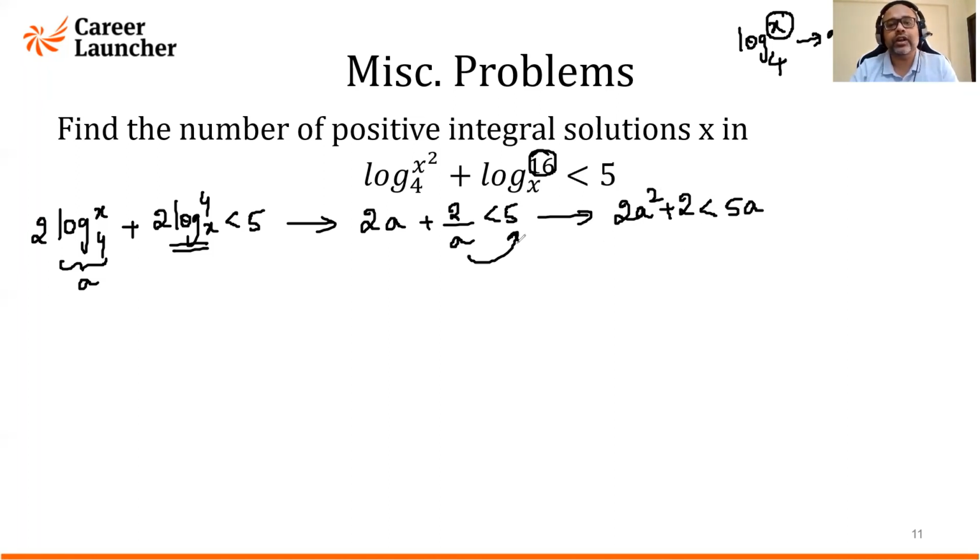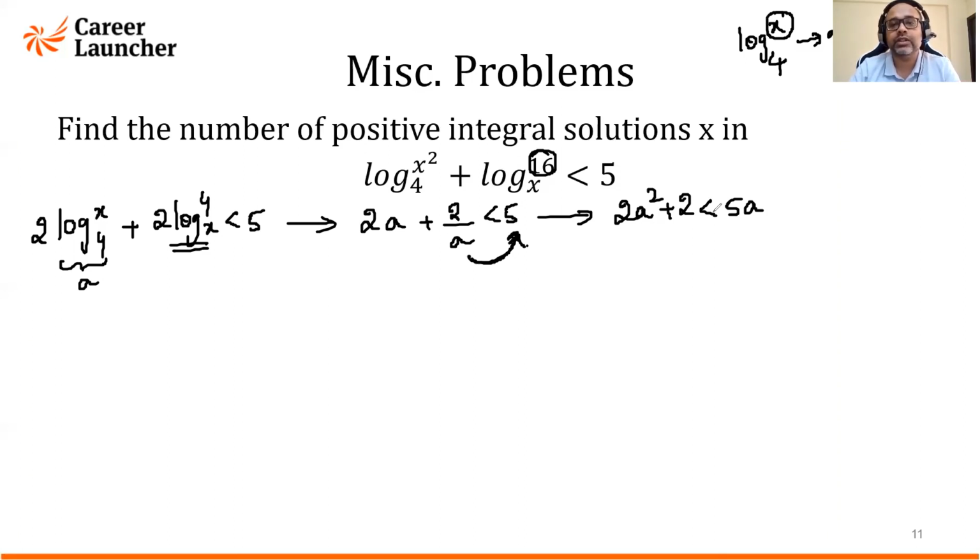So I know for sure that my a is positive, so I can take a to the right hand side without changing the sign. You have to be very careful why I'm able to do this, simply because I know for sure that a is positive. Otherwise, I have to create two cases.